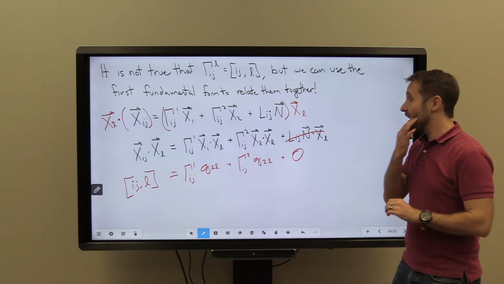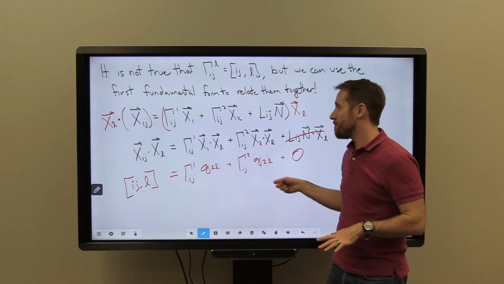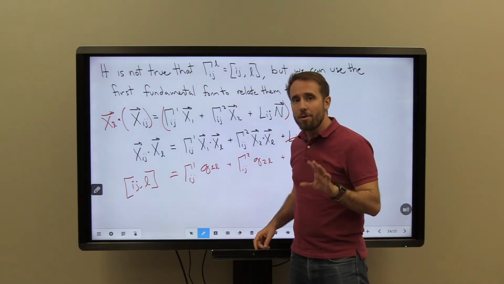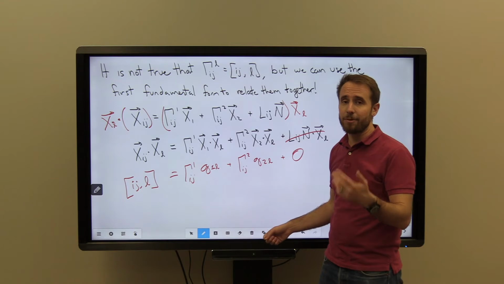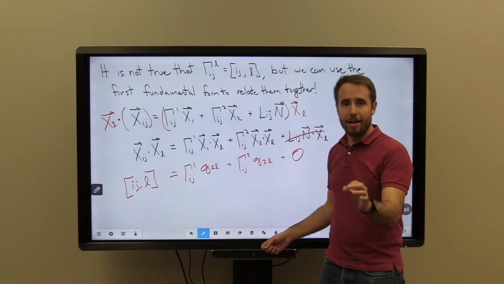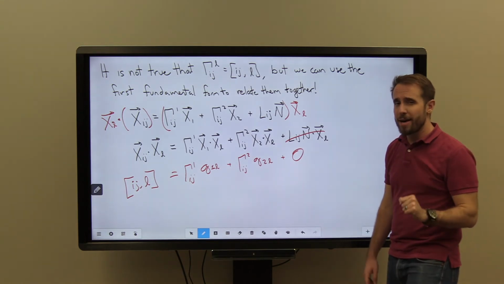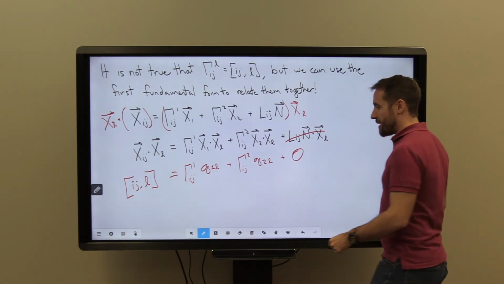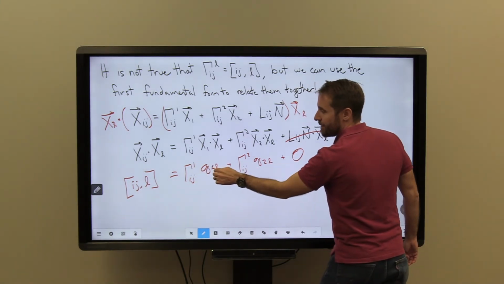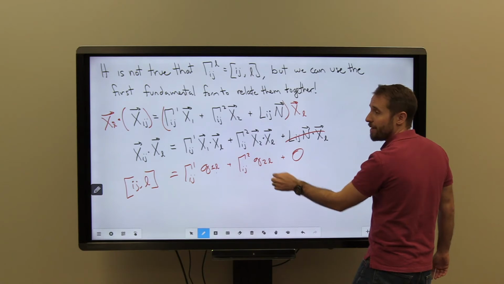And so what we got then is that our bracket is not exactly the same as a Christoffel symbol, but rather it is what we get when we multiply our Christoffel symbols by our first fundamental form and sum them up. And using our brand new summation notation, I can write this in a really nice way. Notice that there's a 1 up here and a 1 down here. Notice there's a 2 up here and a 2 down there.